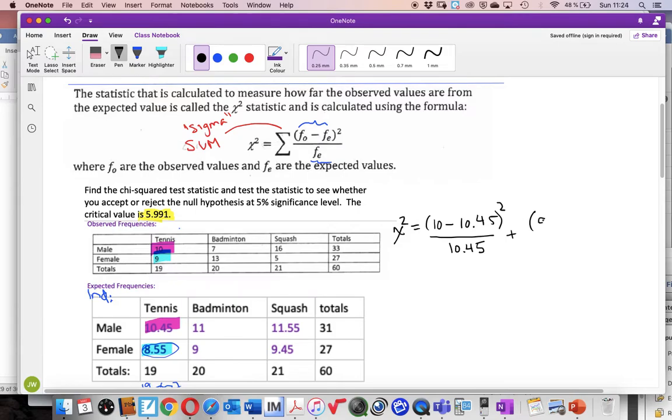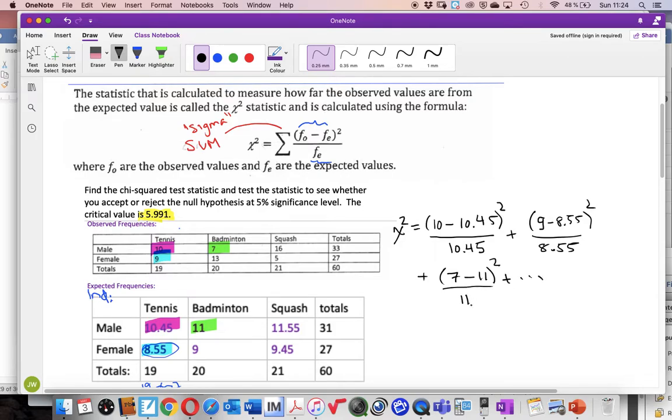So the next observed is 9 minus 8.55, squared, over 8.55. And then we're going to go back up, and again, you can do it in any order that you want. So we would do 7 minus 11, squared, over the expected being 11.